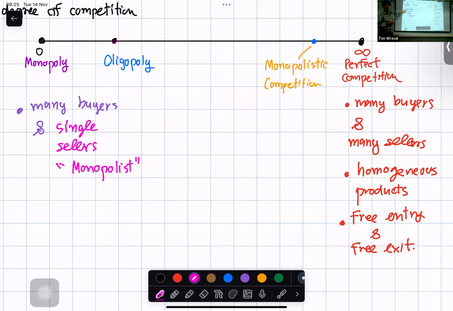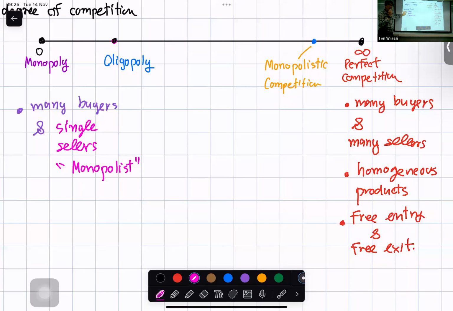This guy produces and sells to all consumers who are interested in this product. If you want to get this product or this service, you have to come to buy from this person, this organization, this firm. Think about the public utilities that you use in your household.